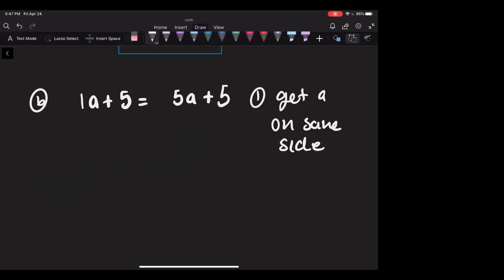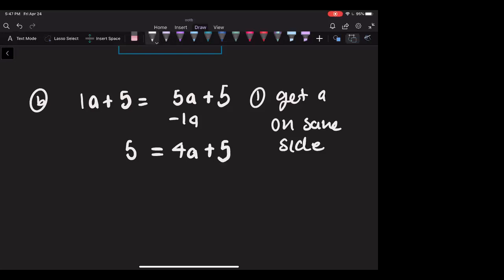So we're gonna do the opposite, which is subtract. So we're gonna subtract 1a on this side. That equals 4, positive or negative? Positive. 4a plus 5.